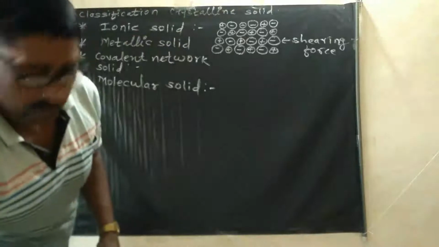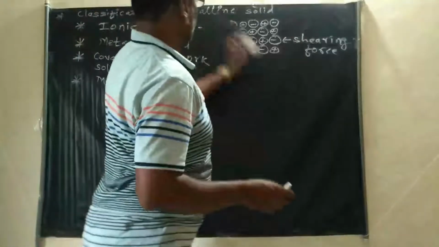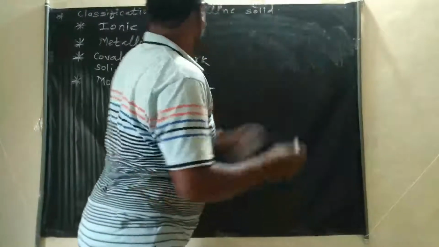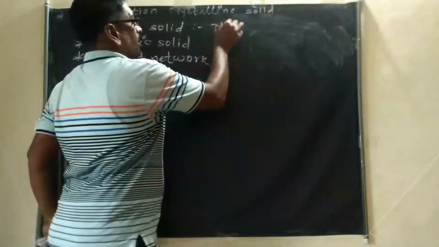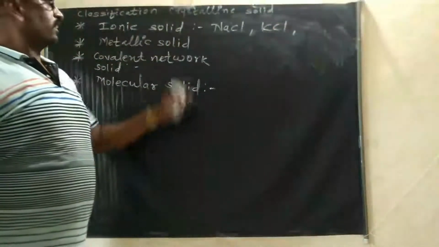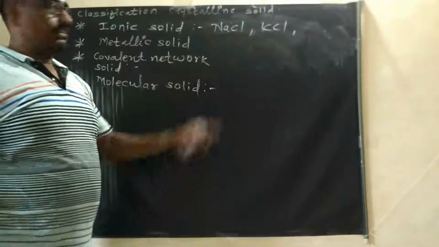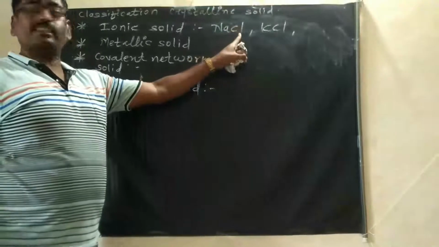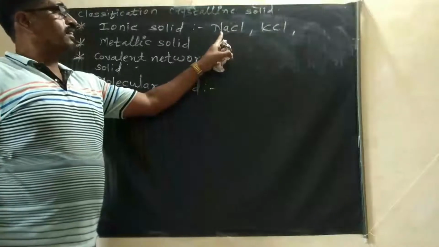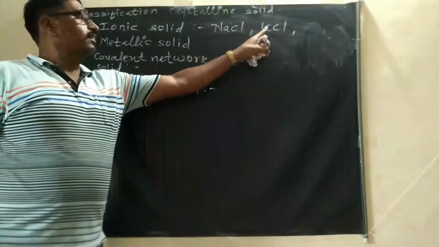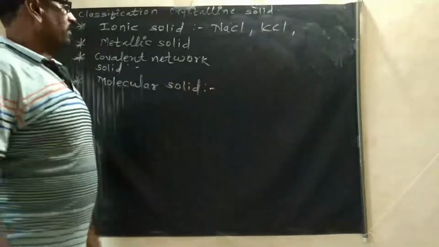For example, NaCl, KCl, K2SO4. These are ionic solids in which smaller cations and bigger anions are present. That is, Na+ is smaller, Cl- is larger, K+ is smaller, Cl- is larger.